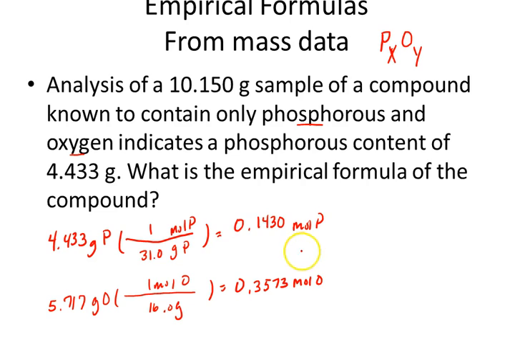Finding the whole number ratio, we divide each of these by the smallest, 0.1430 moles. That gives us 1. And then this one by 0.1430 moles gives 2.5.